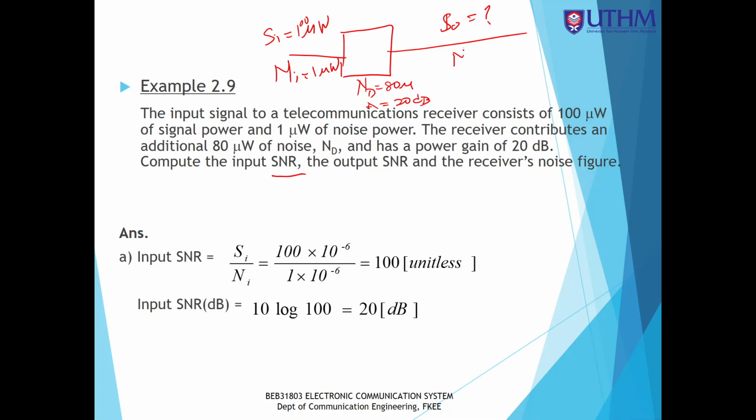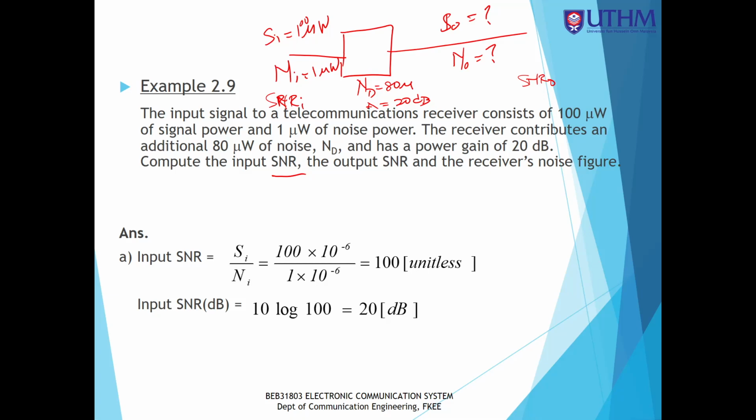We don't know how much is NO. And we want to calculate how much is the SNR O. And also we want to find the SNRI. SNRI is easy to find.